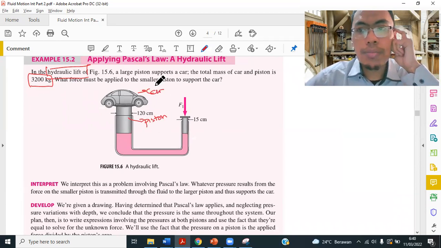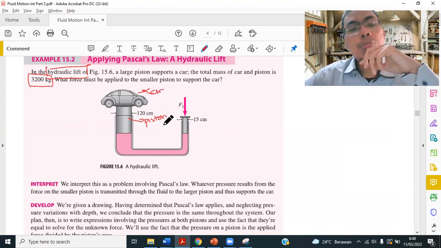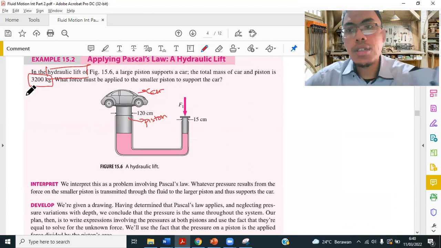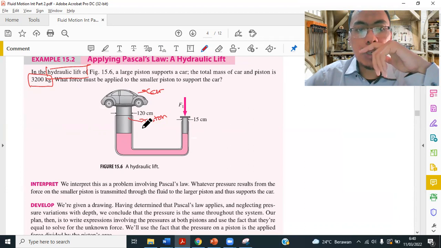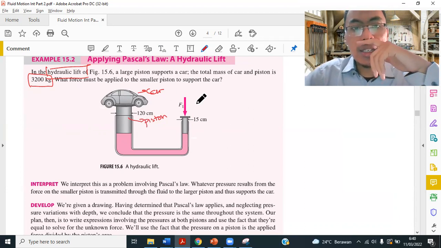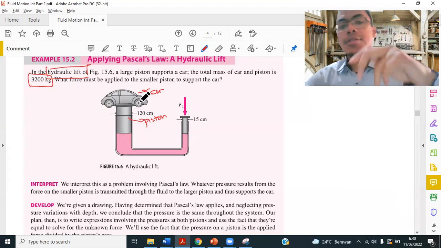Jadi masanya daripada mobil dan piston ini 3.200, atau 3 ton lebih. So the problem is how much force that we have to apply into this system so we can lift up the car. Jadi gaya yang diperlukan itu berapa untuk bisa mengangkat benda seberat ini.